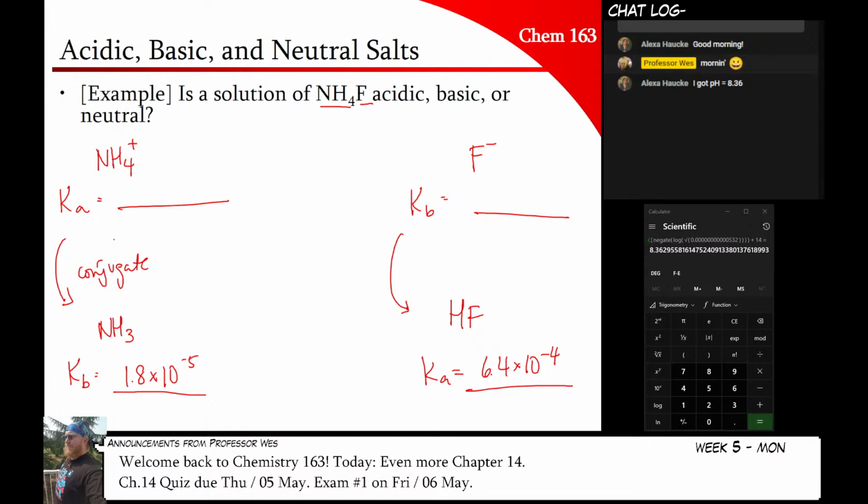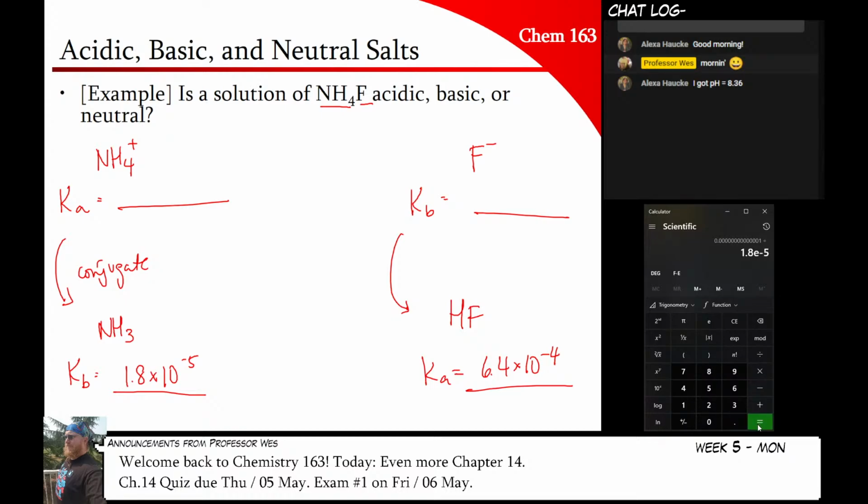All right, so now, oops, I don't want to use my calculator on my desk. I want to use my calculator over here. So now let's figure out these other things. So I'm going to do the Ka of ammonium here. So we'll hit clear everything. And so that's going to be Kw, 1 times 10 to the minus 14, divided by the Kb written there, 1.8 times 10 to the minus 5.